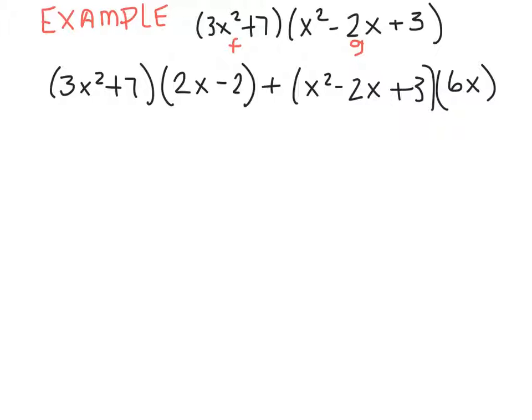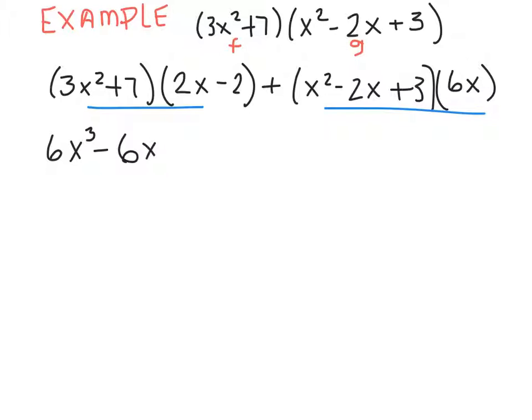Okay, so I'm going to do this multiplication out. I'm going to multiply these and then multiply these and then combine like terms. And we're going to get 6x cubed. Remember, I'm doing the FOIL method because I have two binomials.